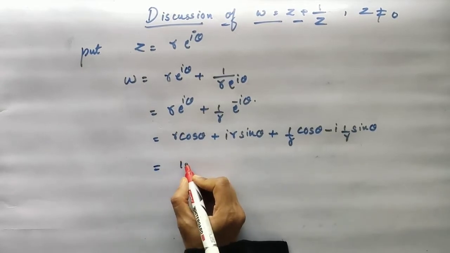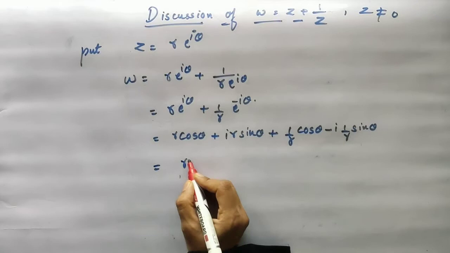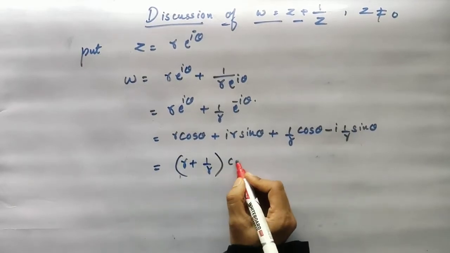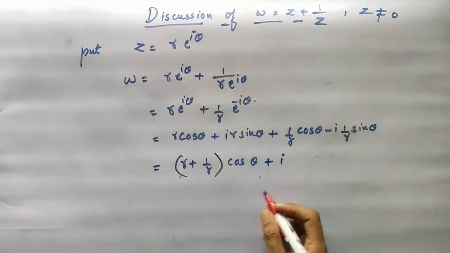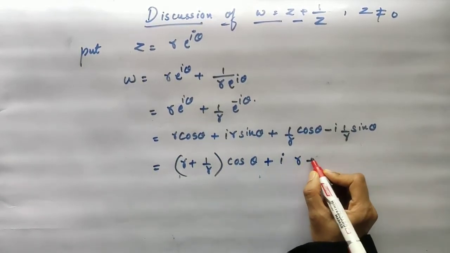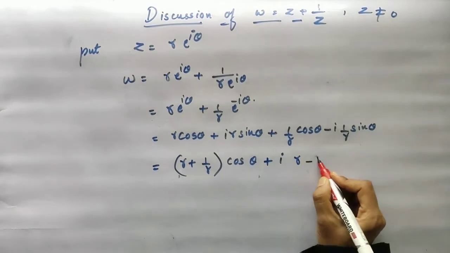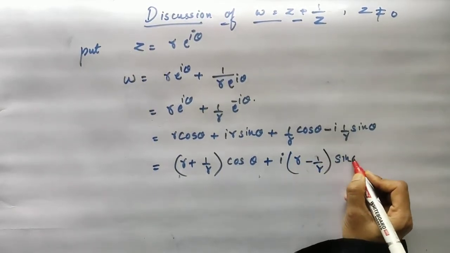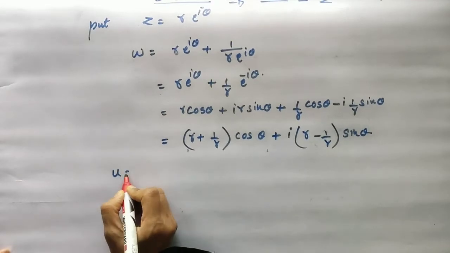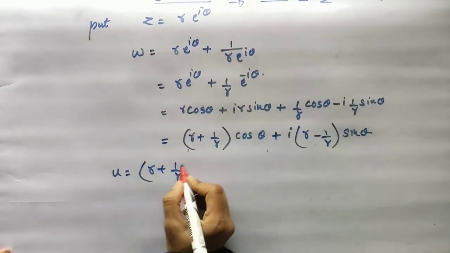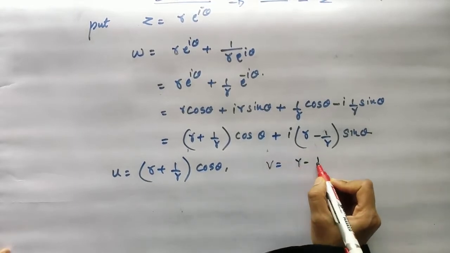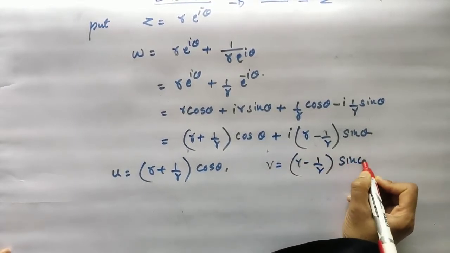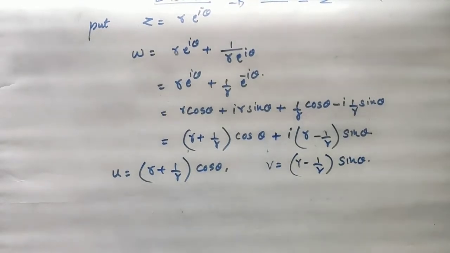So you have r plus 1 by r cos theta as the real part, plus i into, not r plus, r minus 1 by r sin theta. So you see that your u is r plus 1 by r cos theta, and v is r minus 1 by r sin theta. So you have separated the real and imaginary parts of this transformation.